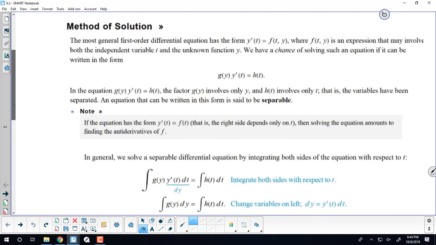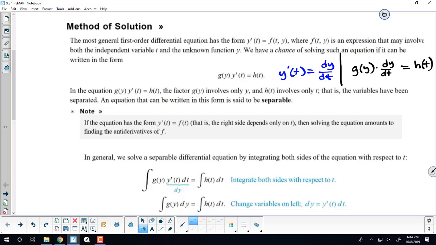If we view y prime of t as dy over dt instead of just y prime, then what we're looking at is a function of y times dy dt equals some function of t, let's say.